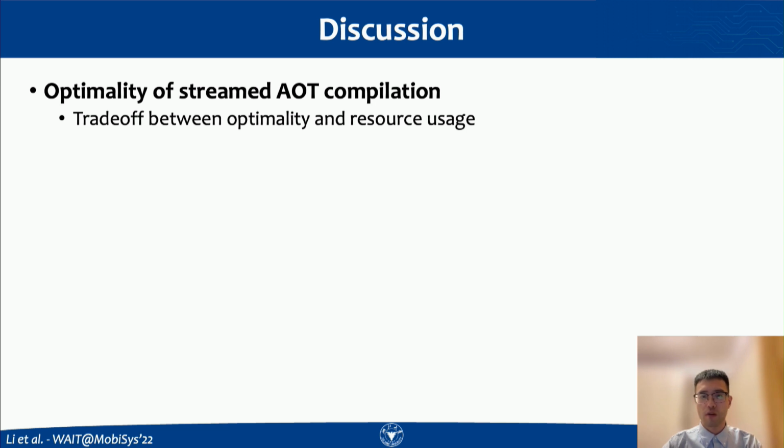Most of the optimizations depend on the control flow graph of the application and are not available during streamed AOT compilation. To run on resource-constrained devices, we trade off the optimality of the generated code for resource usage. It is worth noting that if the target device has enough resources, we could also switch to the full binary compilation with optimizations such as existing works using LLVM.